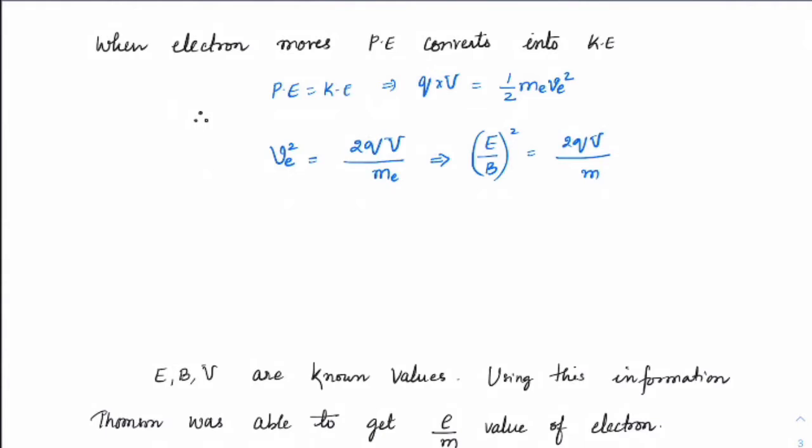And from there you can see I can isolate q by m, which is equal to E squared by B squared into 2 times V, where V is the voltage difference. So from here what we were able to find out is the charge by mass ratio for the electron, and this would be pretty useful for solving problems. So I think you understood the formula and how to derive it.